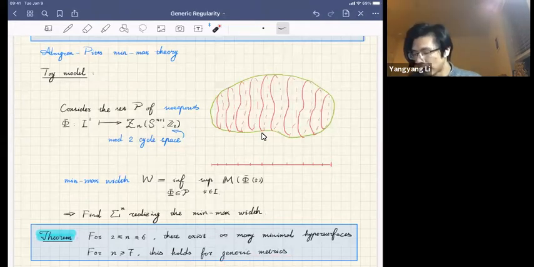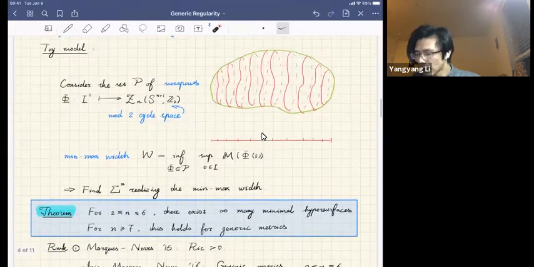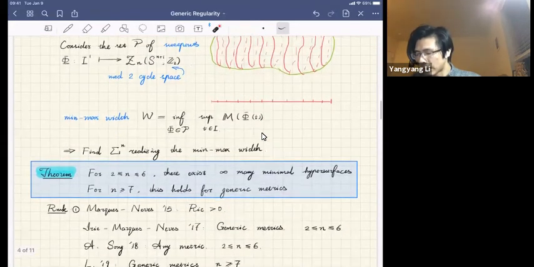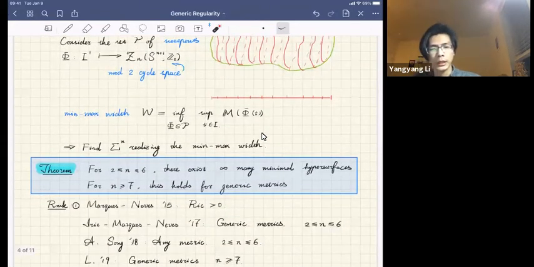So when n equals 2, this is a conjecture proposed by Yau in 1982.